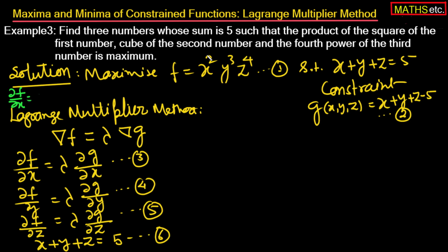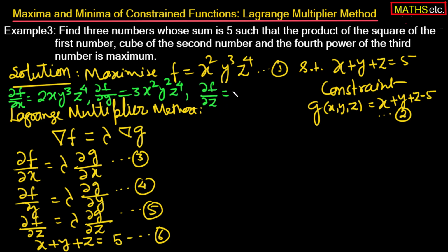So this will be 2x y cube z raised to the power 4. For the partial derivative of f with respect to y, x and z will be treated as constants. So this is 3x squared y squared z4, and the partial derivative of f with respect to z is equal to 4 times x squared y cube z cube.